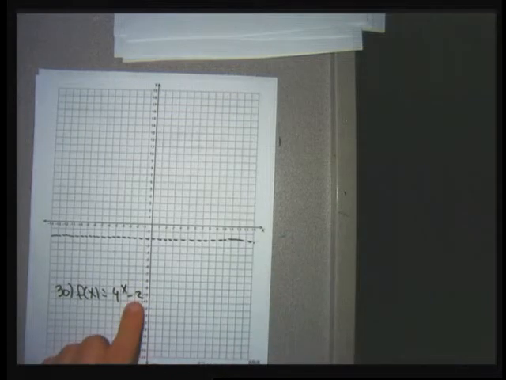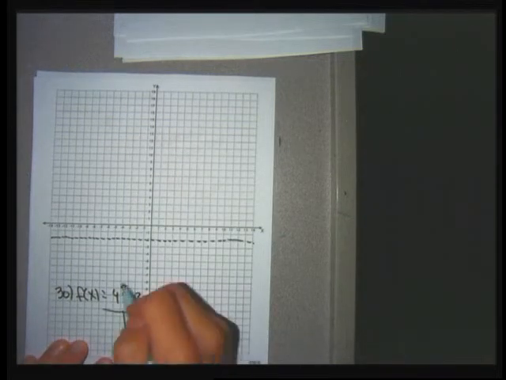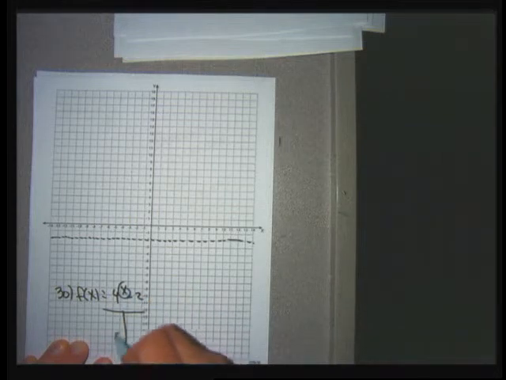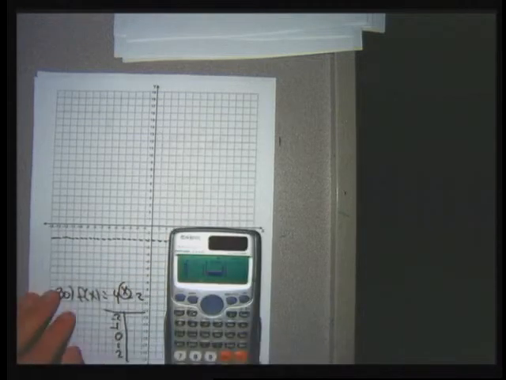So for these problems, I make a little dashed line wherever the number is after the exponential function. The last one I did it at plus 3 through the y-axis. Now I'm doing it at -2. For my table, because the exponent is only x, I get the 0 in the middle and the -2, -1, 0, 1, 2 table.